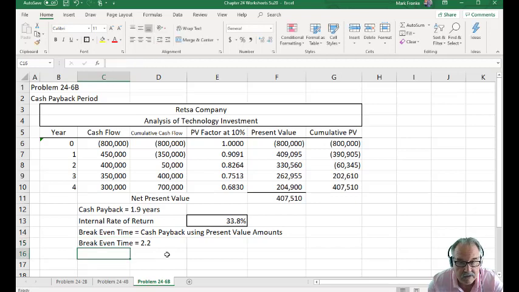If you take the 60,000 divided by this 262,000, you're going to get about 20% or 2. It's close enough. So the break-even time in this case is 2.2.